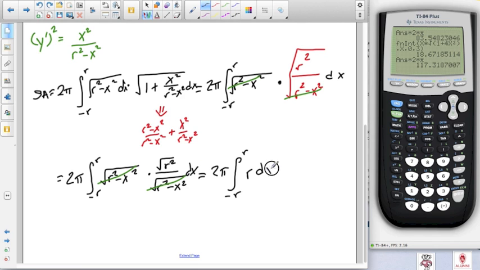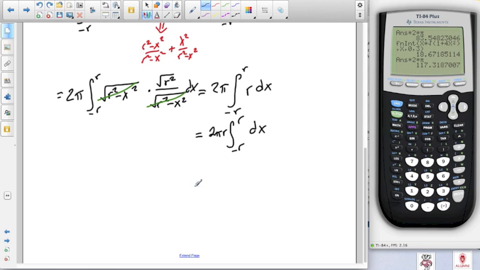And that's really important because we know r in this function is nothing more than a constant. So really we're just integrating. We can pull the r out, it's just a constant. We're just integrating dx. And of course, integrating dx is pretty darn easy. That's just x from minus r to r.